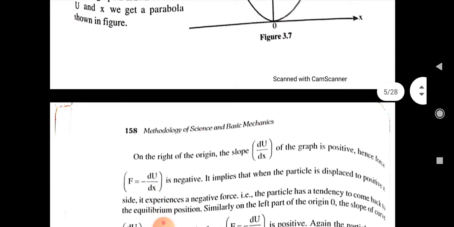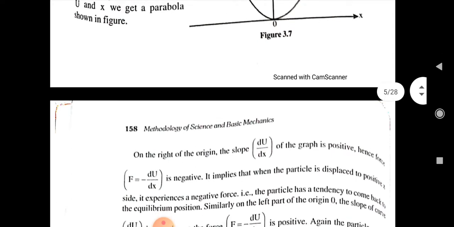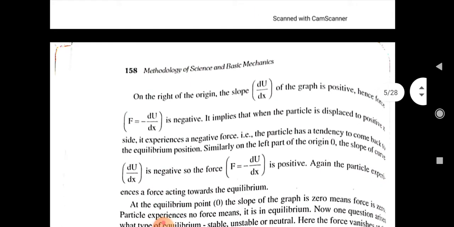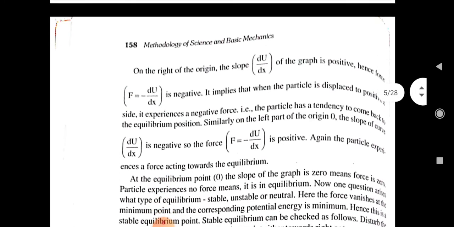So what happens? If the particle is displaced towards x, it will return back. Again, towards the left side du by dx is negative, so the force F equal to minus du by dx is positive, that is, it will again bring the particle back into the equilibrium position.